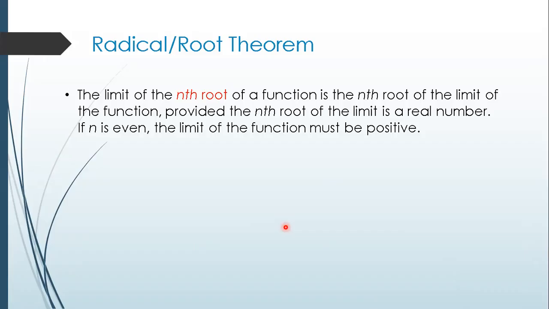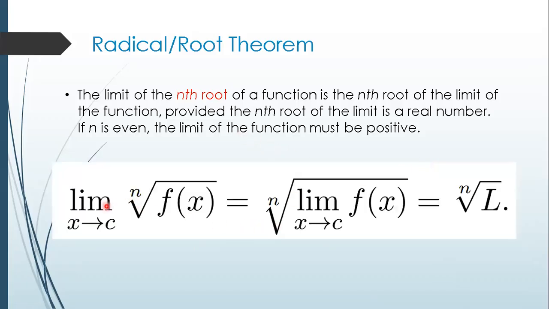Yes, you're going to follow this given theorem, and this is how it looks like. The limit of the nth root of f of x as x approaches c is just equal to the nth root of the limit of f of x as x approaches c, which is equal to the nth root of L.